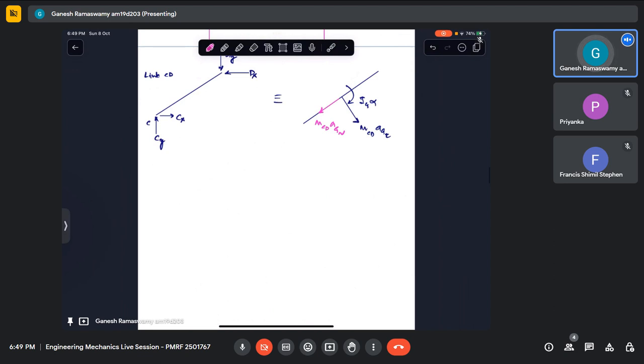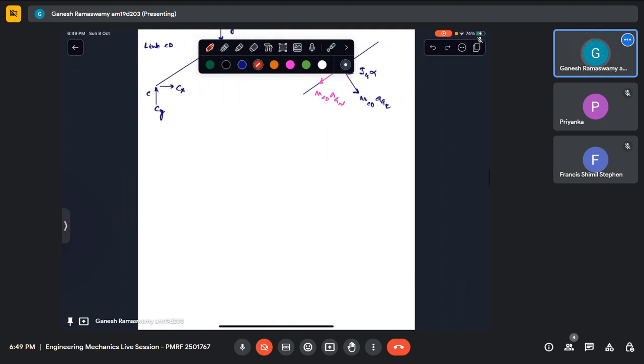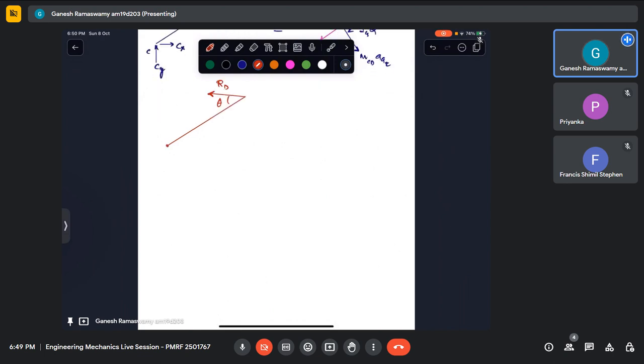If I resolve these two forces into a generic force, let us say like that, I'm just quoting an example as to why this is a two force member. Let us say that this is point C, and this was the actual force, so this is the reaction at D, and let this be some theta. Now sigma moment about C would have to be 0 because the thing is massless.